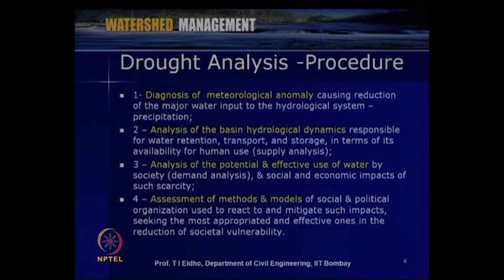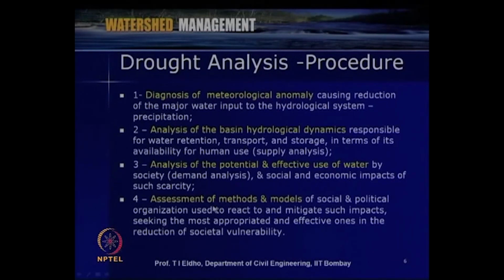For example, in a country like Israel, where the rainfall is much less, they are still managing their agriculture and the whole system very effectively. That is mainly demand management or demand analysis. So, in step number 3 we have to deal with the analysis of potential and effective use of water.